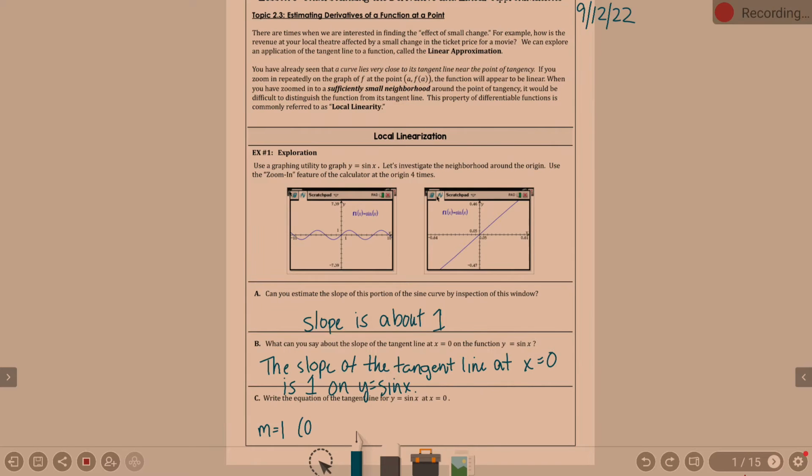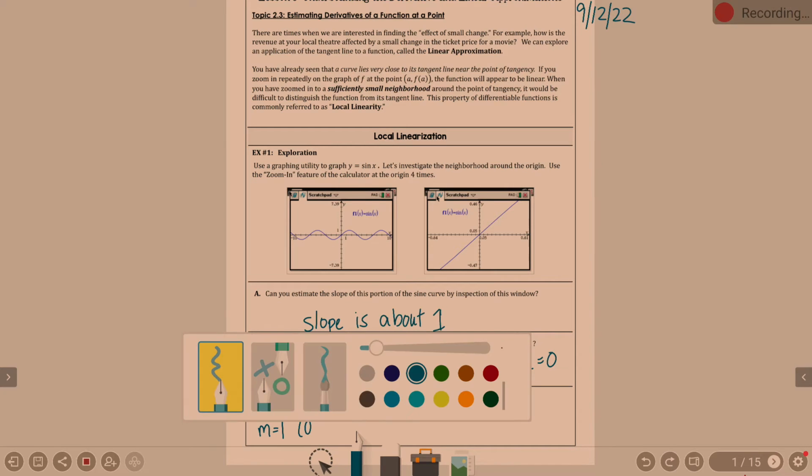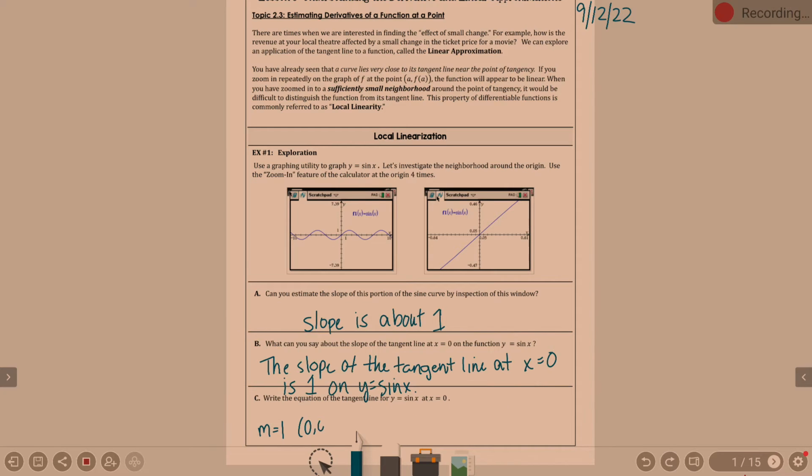The ordered pair would be 0, 0, yes, because on sine, when x equals 0, y equals 0. So what's the equation? y equals 1 times x minus 0 plus 0, you end up with y equals 1x, right? And that's what your screen looks like, isn't it?